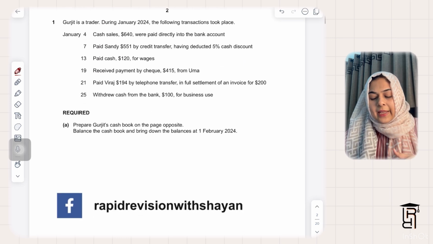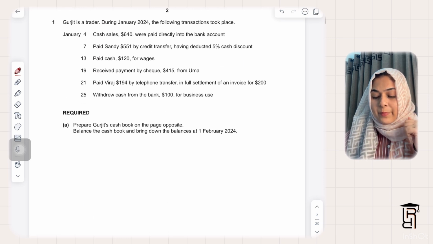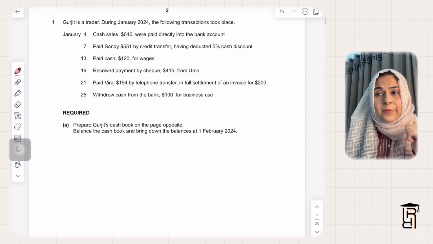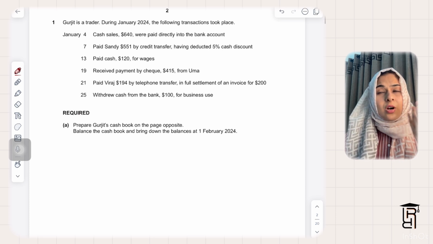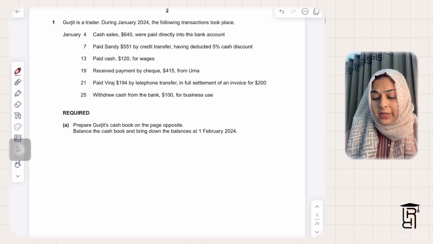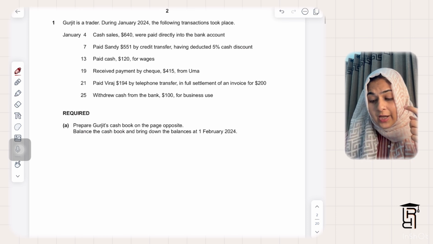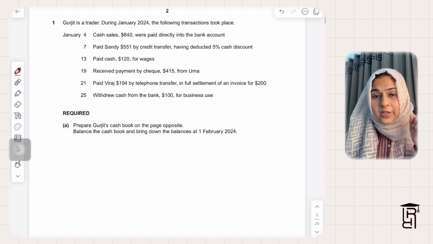In the next transaction, they are saying paid Sandy 551 by credit transfer, having deducted 5% cash discount. Whenever we are paying someone by credit transfer or by check, whatever amount we are writing on the check or sending through a credit transfer, this amount is after cash discount.